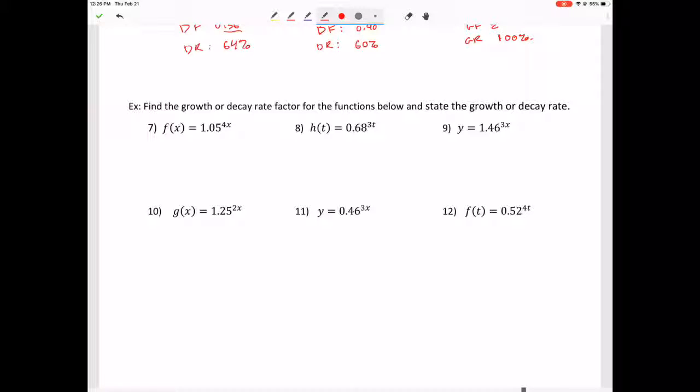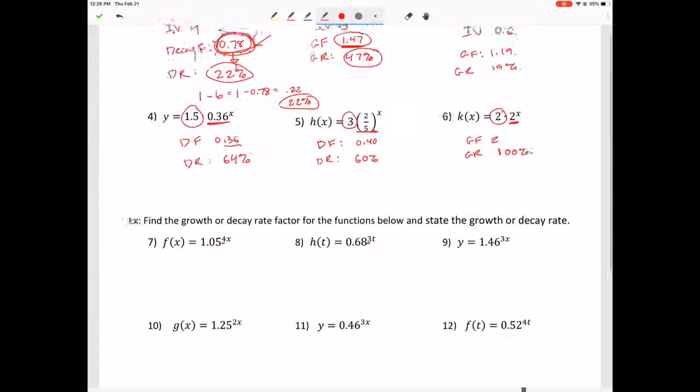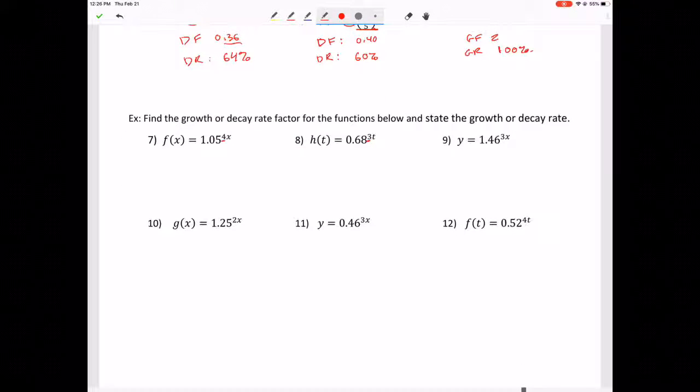And the only thing that's different is that we have these little numbers in our exponents as well. All right, so in that case, we can make it look like we had before by first making a parenthesis around everything except for the x, and we're going to evaluate 1.05 to the fourth, which gives us 1.22, and we still have our x out there.